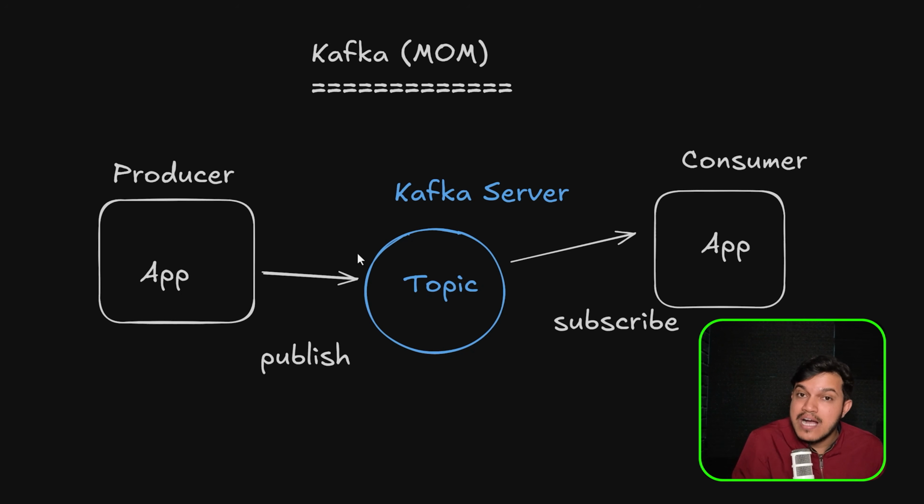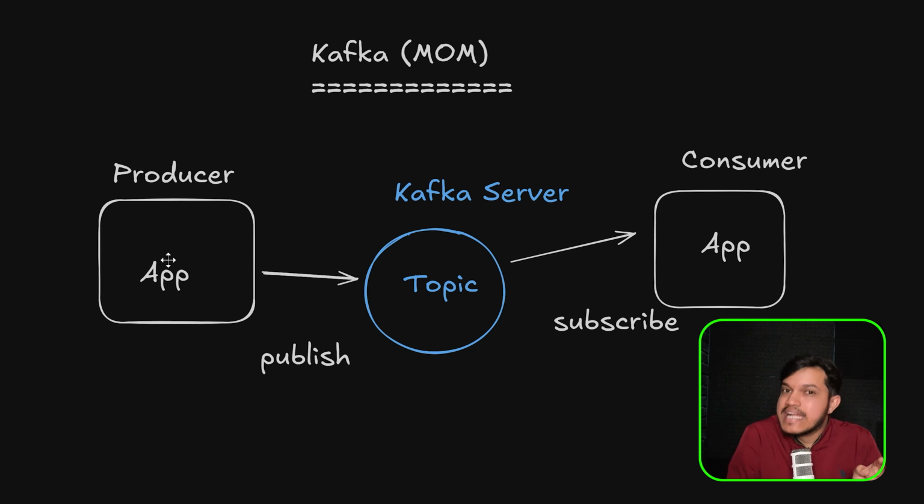That's where Kafka comes into the picture here. In Kafka, we have one component called a topic. It is a place where messages will be stored. Messages you can consider as the data. It could be any object also, doesn't matter. For example, we have a Spring Boot application and I want to produce the customer object.